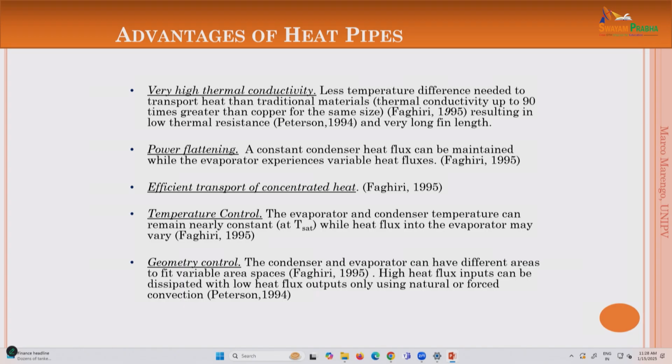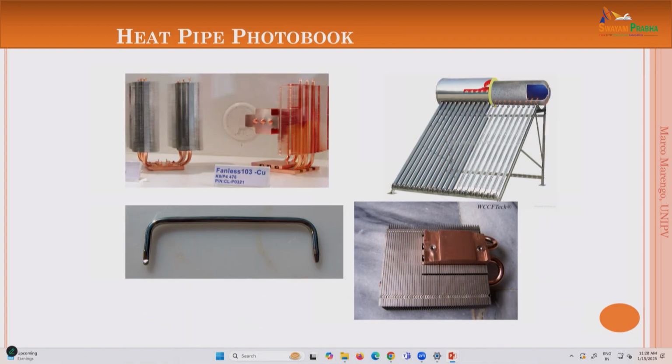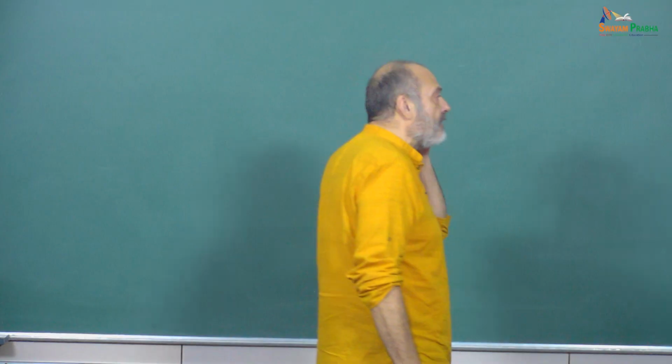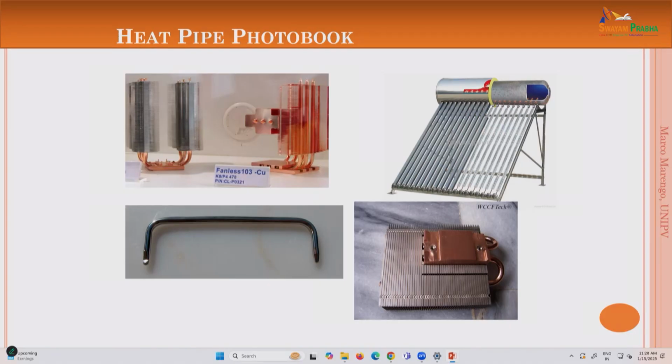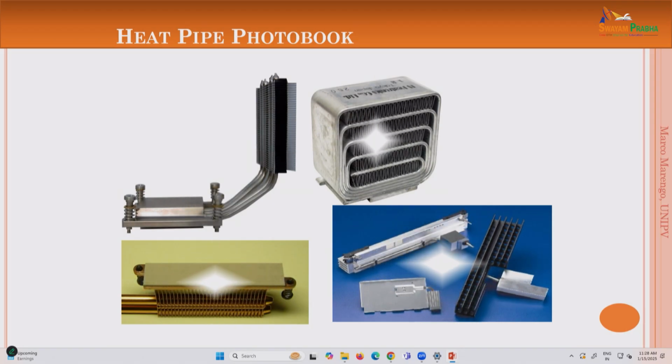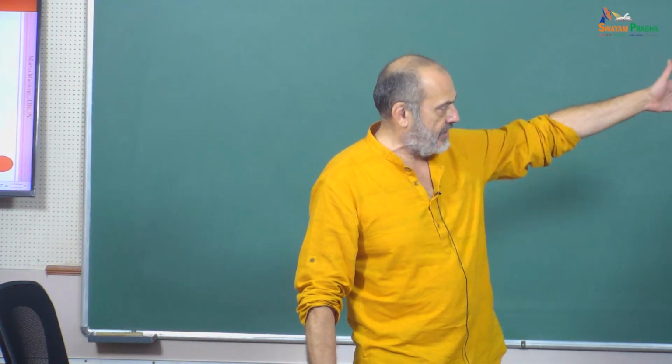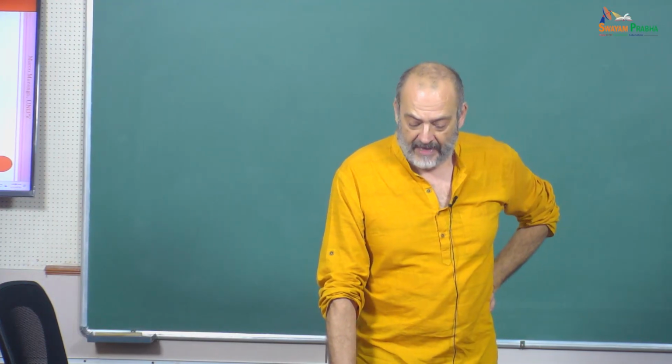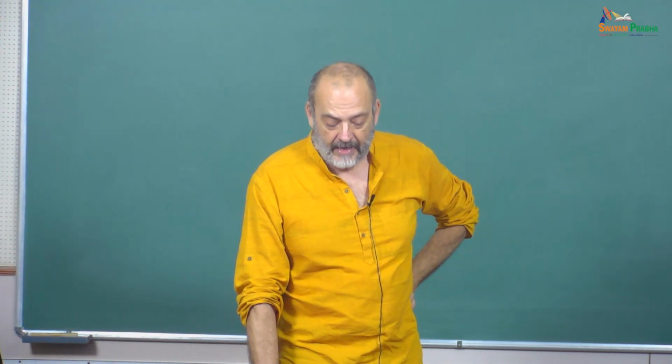Another point that is very interesting for the heat pipes is that we have really a lot of possible geometries. If I build a kind of photo book of the possible heat pipes, you can Google, and you can find really a lot of different species, different forms, different geometry, heat exchangers based on the flat heat pipe, and so on and so on.